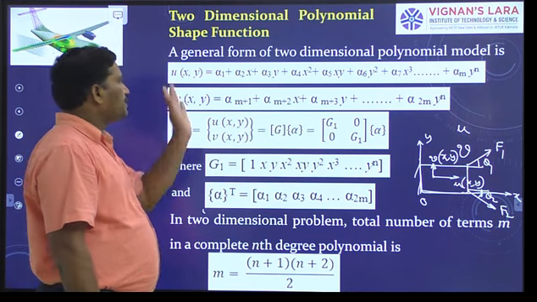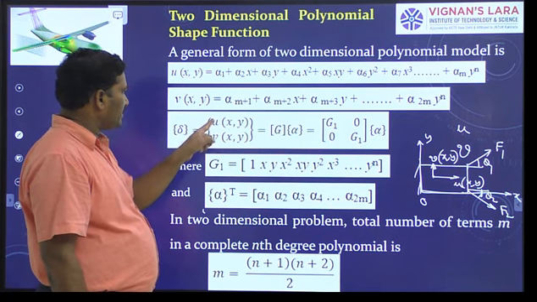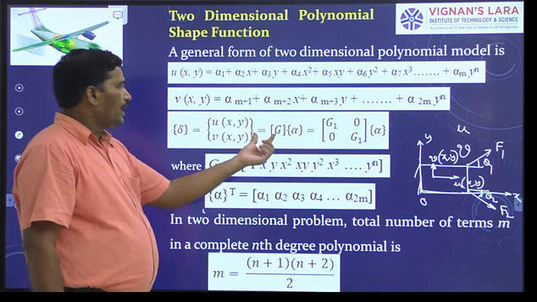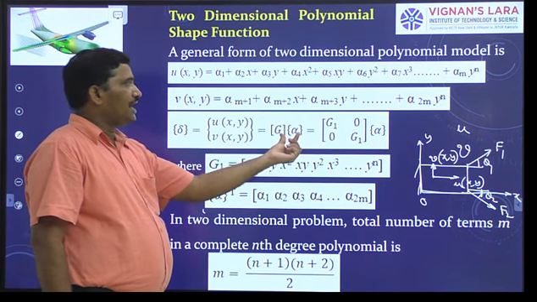In matrix form, how do you write? A column matrix having the elements u and v equals a matrix, say G, into another matrix, say alpha.